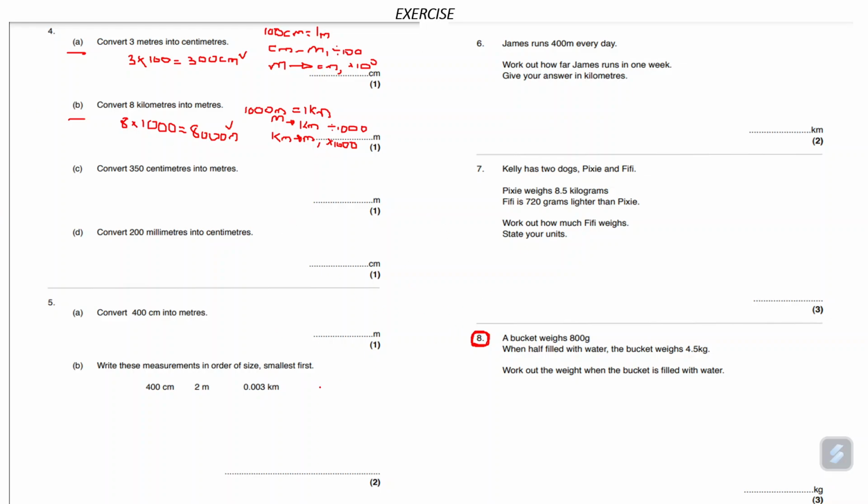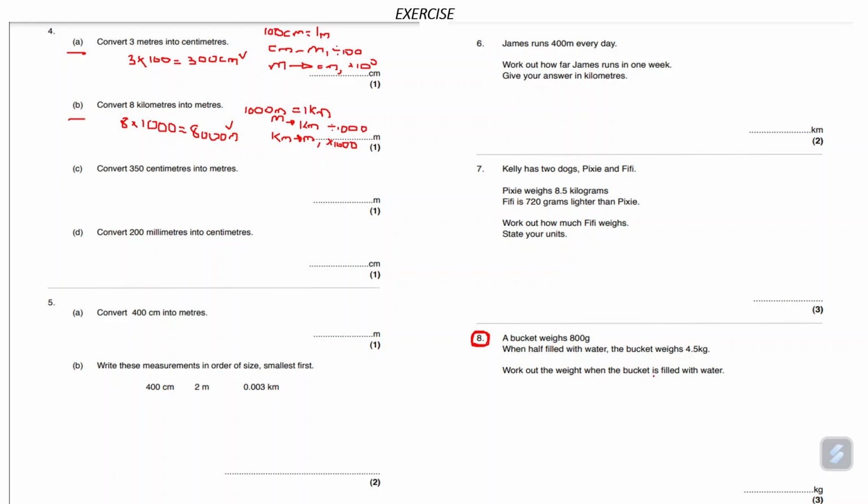Let's look at this other question. Question number 8 is a little bit tricky, but we need to pay attention to details. So this first statement says a bucket weighs 800 grams. When half filled with water, the bucket weighs 4.5 kilograms.